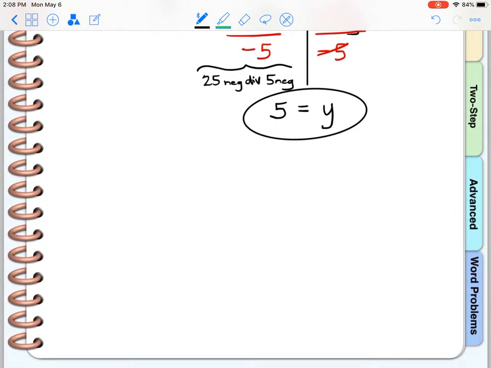Okay, one more in this section, in this video. And this one is negative 13.6r equals negative 95.2. Okay, so be very careful with those negative signs.